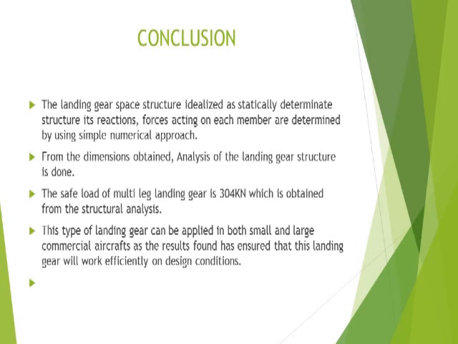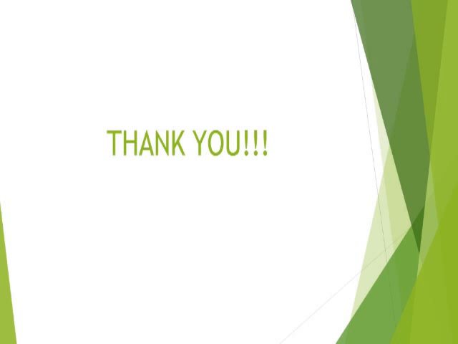In this multi-leg landing gear, we applied a vertical static load and the safe load was calculated as 304 kN. No structural deformation will be formed in this structure due to the shock absorbing technique, which is achieved by placing the mechanical shock absorber on the four types of base carrier to arrest the landing vibration. We found the maximum principal elastic strain, maximum principal stress, strain energy, and maximum shear stress results from this static structural analysis.